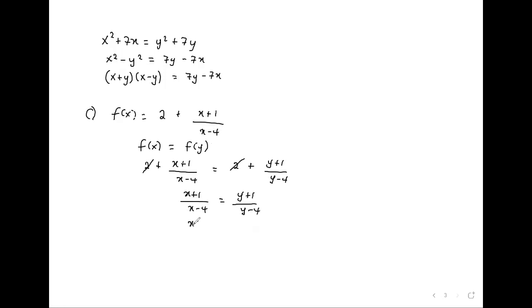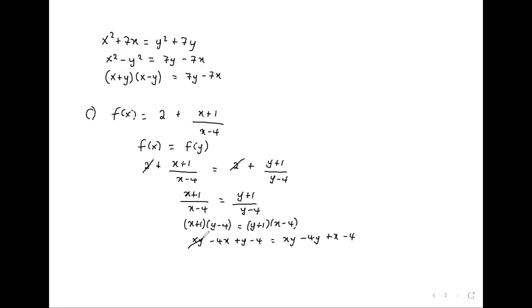Cross multiply: x plus 1 times y minus 4 equals y plus 1 times x minus 4, and then xy minus 4x plus y minus 4 is equal to xy minus 4y plus x minus 4.